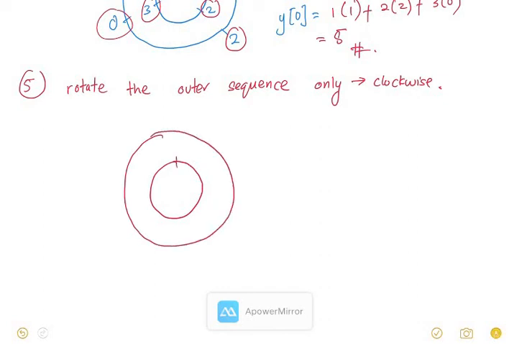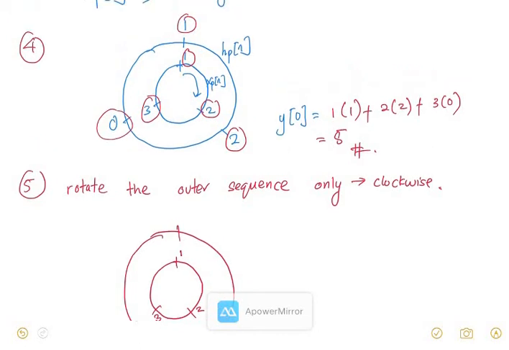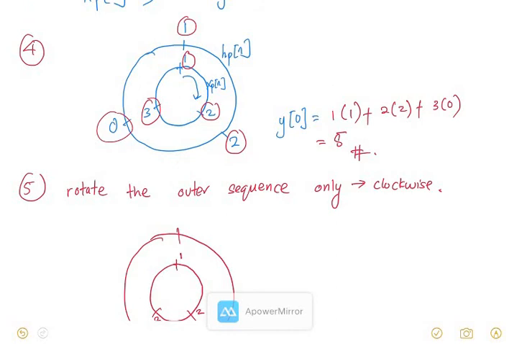The inner values remain 1, 2, 3, but we rotate the outer sequence. The original value of the outer sequence is 1, 0, 2.